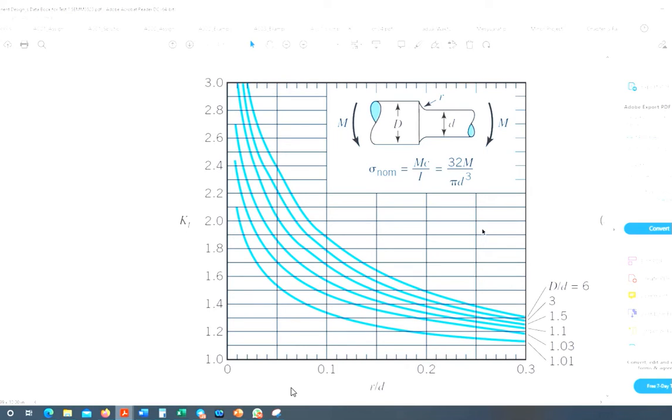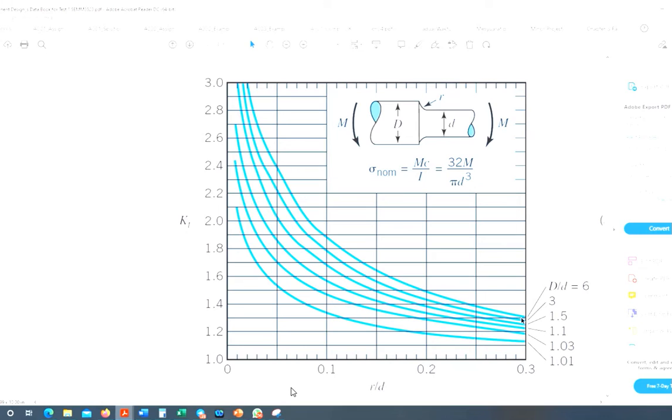So for 1.429, above is 6, then 3, and then 1.5.